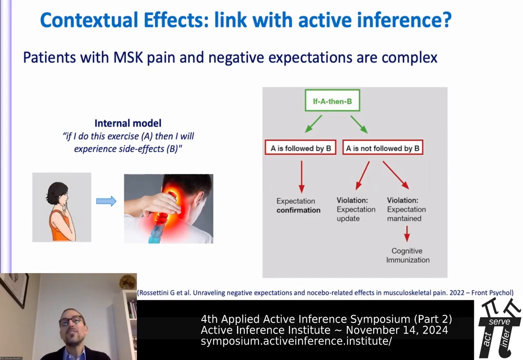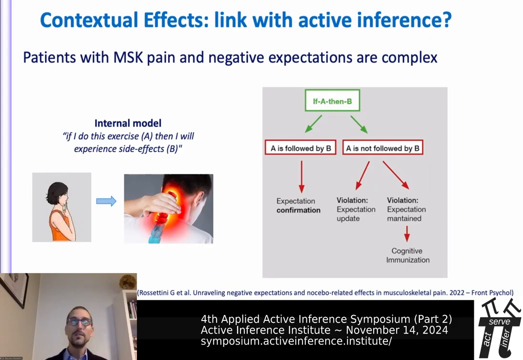In our outpatient clinic, we offer exercises to our neck pain patients in accordance with the best evidence. And as a result of this direct experience, the patients can have two main outcomes. At first, they can confirm that the exercises produce pain, or the patients may not perceive the pain, violating their expectations. This violation of expectation is interesting because it can result in two main scenarios.